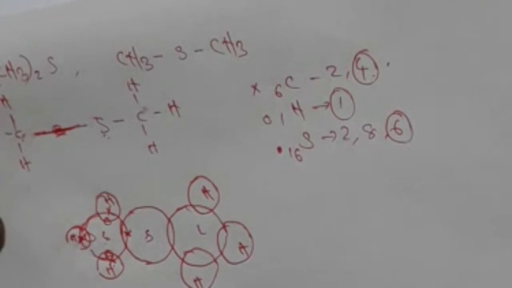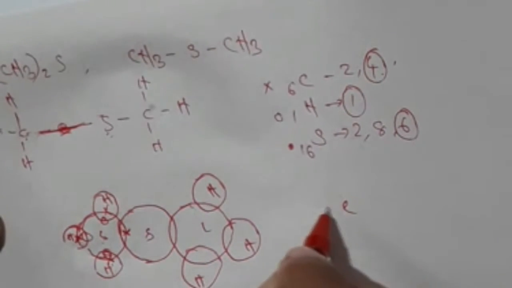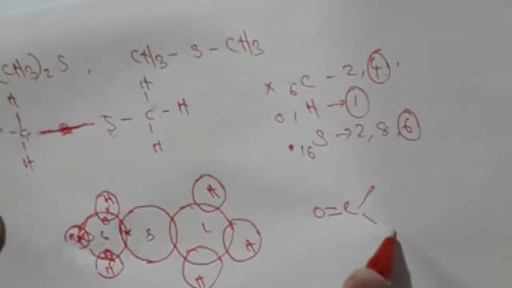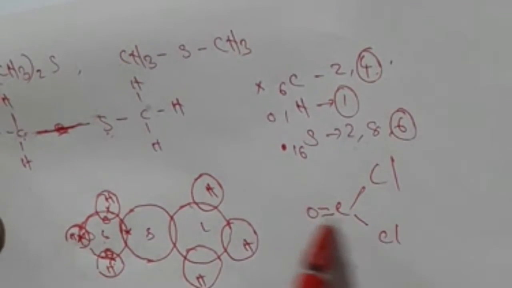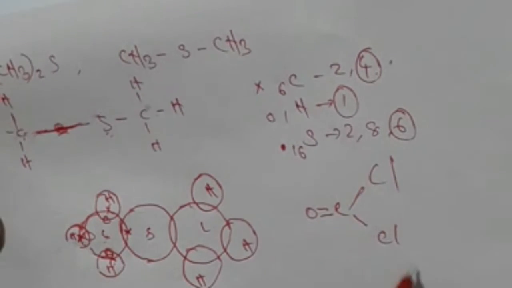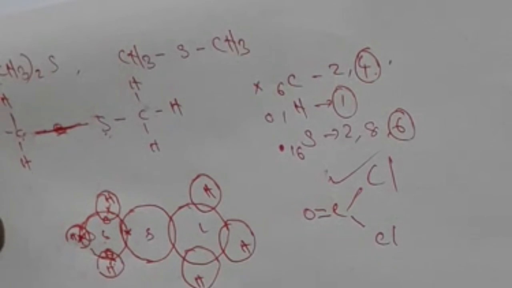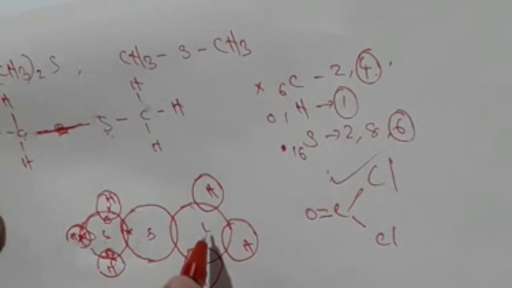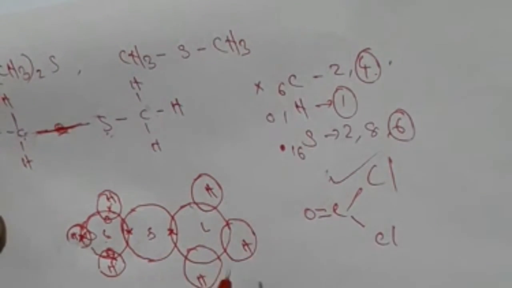In the previous case we did carbon double bond oxygen and carbon single bond chlorine. So based on this information you can understand single bond or double bond. Again here carbon X.